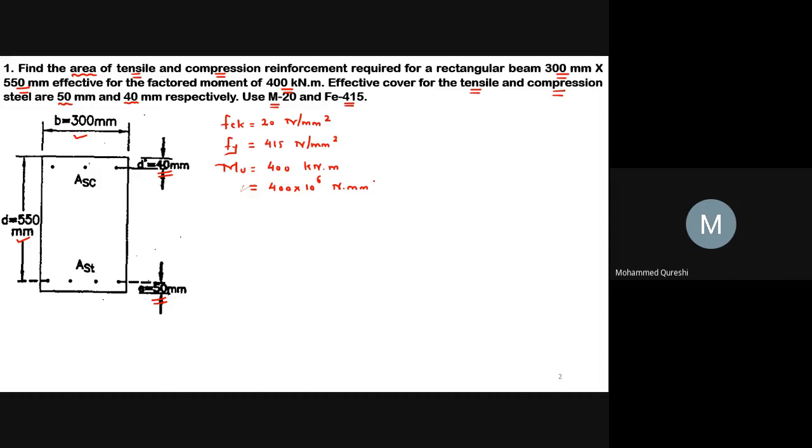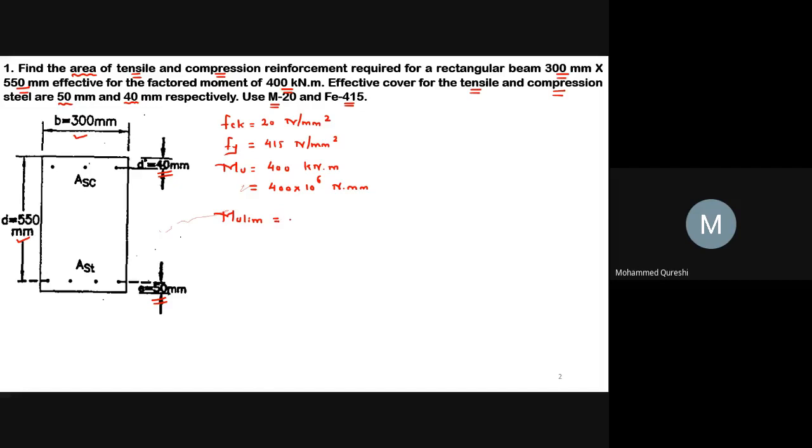As all data are with respect to Newton and mm, we are converting kilonewton into meter into Newton into mm.